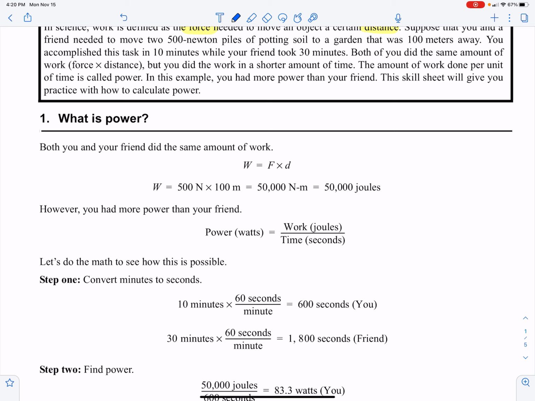So to do that, 10 minutes, the time you did it, multiply 10 times the conversion factor of 60 over 1. And we do this so that the unit of minutes can cancel, and we can see it took you 600 seconds. Multiply 30 minutes by the same 60 seconds over 1 minute to cancel minutes, and 30 times 60 is 1800 seconds.